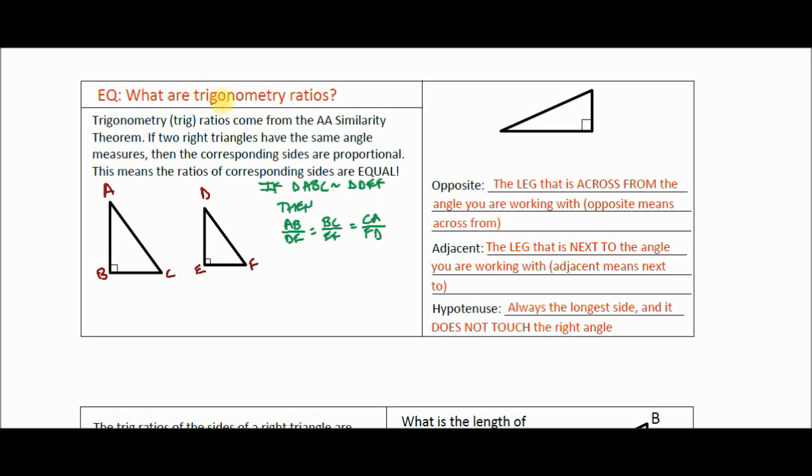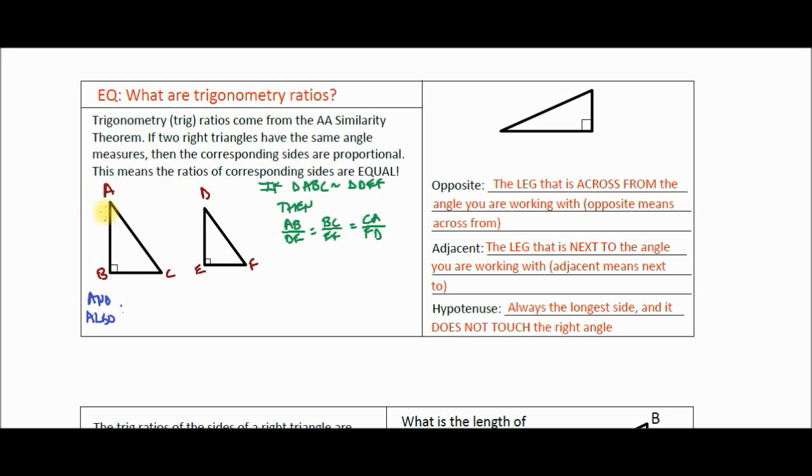Now here's what trigonometry recognizes: not only are corresponding sides proportional, but also the same two sides of one of the triangles is proportional to the corresponding two sides of the other one. So we can actually also write more proportionality. If triangle ABC is similar to DEF, then we can write these proportions.